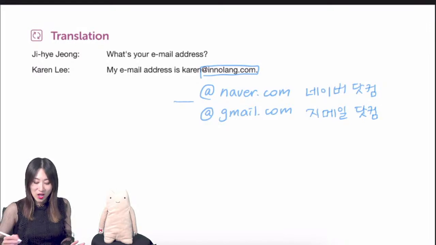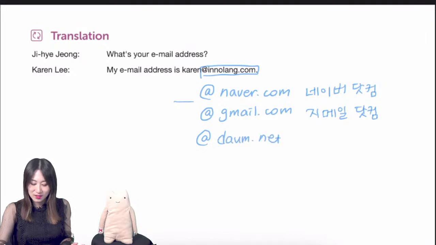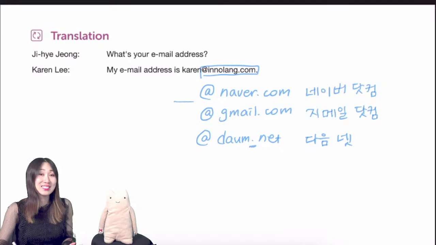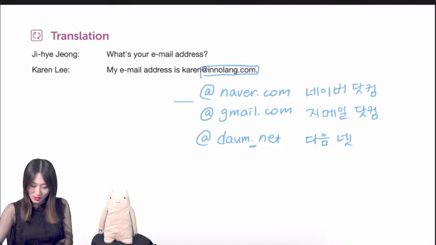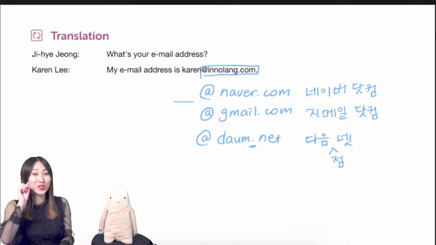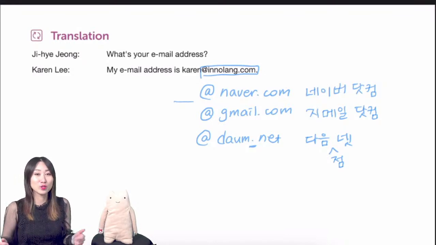And another popular one is 다음.net. Or if you really want to mention it, we often say 다음 점. 점 means point. 다음.net. But actually this 다음.net is too popular, so we don't put 점. 다음net, then everyone knows it's 다음.